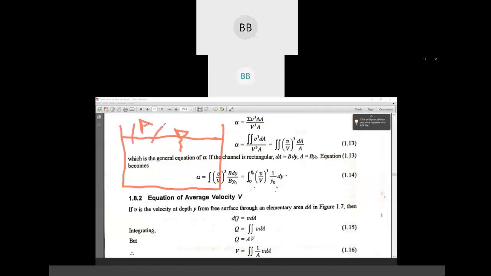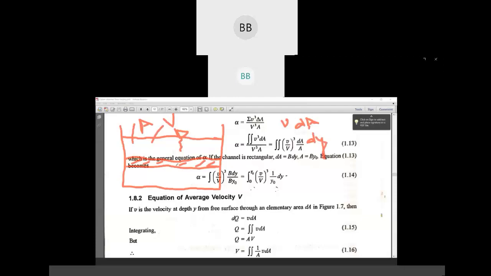Your average velocity or mean velocity in that particular cross section is capital V. Now we are going to consider a small elementary area. In that small elementary area, your velocity is small v, area is dA, and your depth is dy.